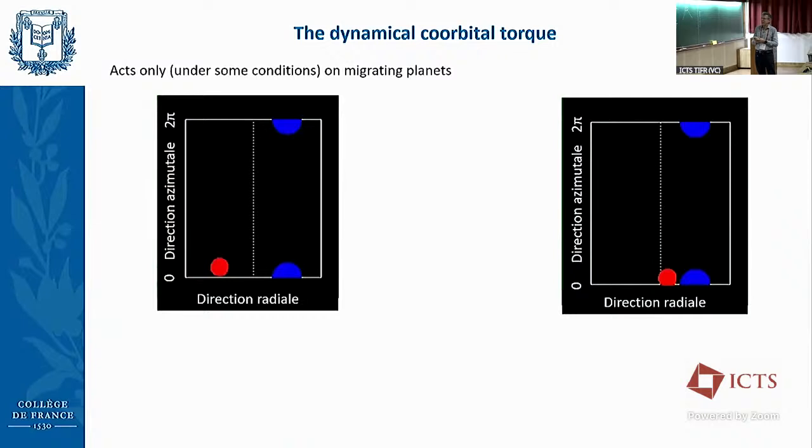And look at what happens to this fluid element. Initially, the fluid element will move upwards at a fixed radial location, because it's inside the orbit of the planet, so it's moving faster than the planet, from bottom up, until the planet runs over this fluid element, and then there will be a change in the radial distance of the fluid element.